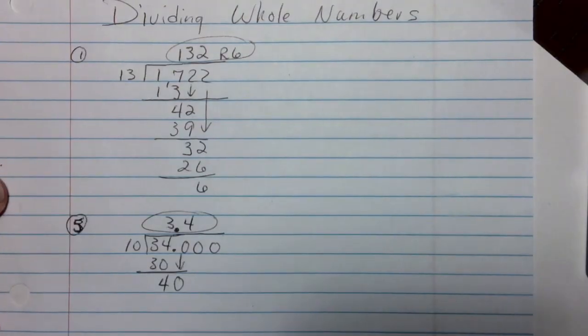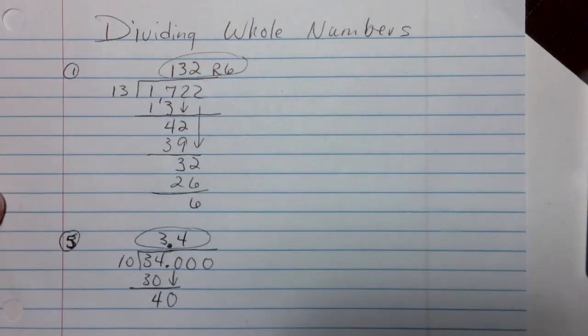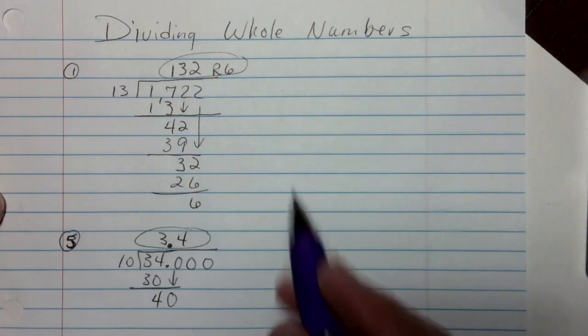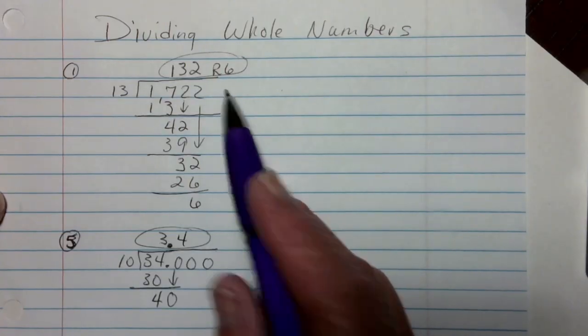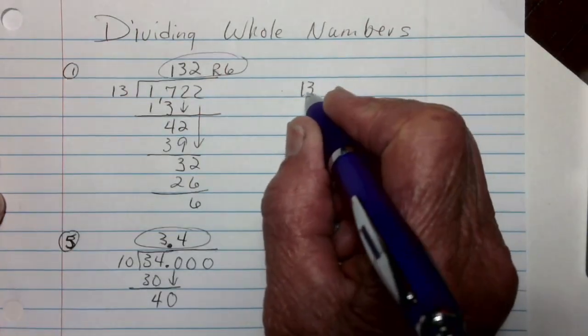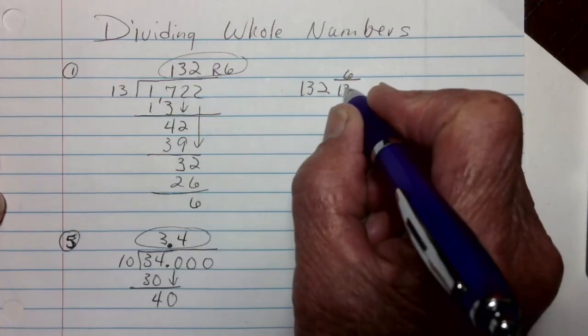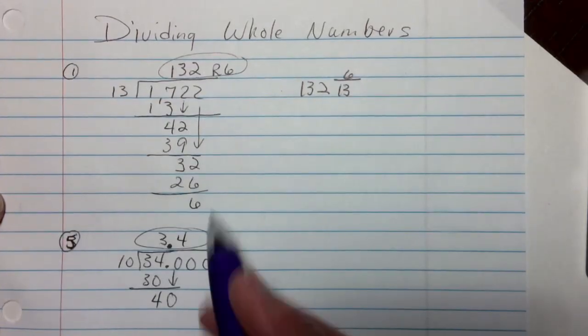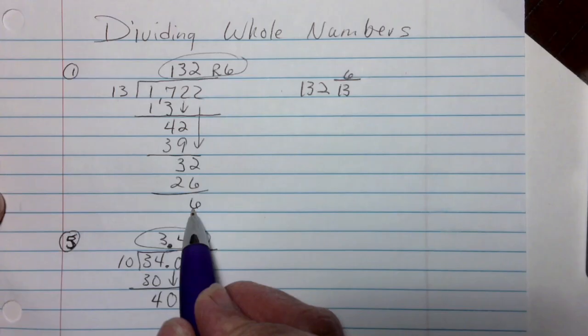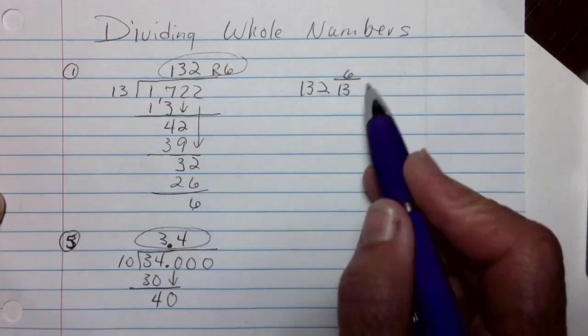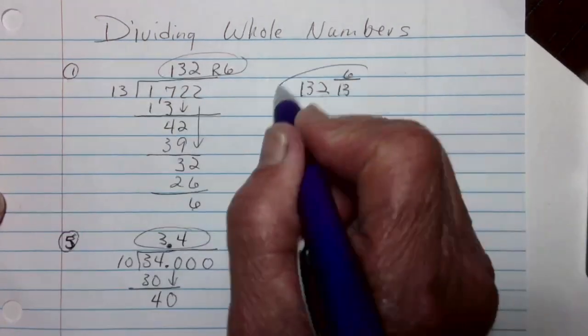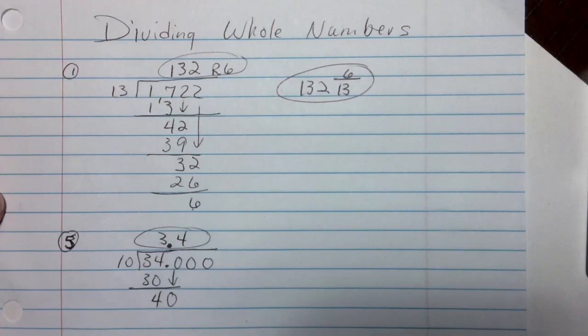Let's go back and let's put your answer in fraction form on these. Go back up and look at number 1. Your answer could be 132 6/13. Here's your remainder of 6 and your divisor of 13. Here's a correct answer, and here's a correct answer.